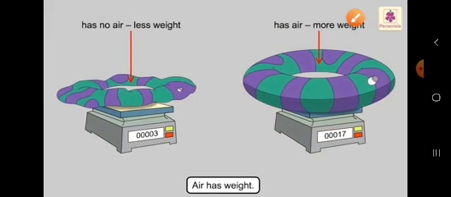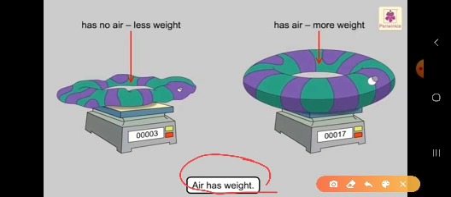Now, second one, children, air has weight. Here we have two tire tubes. First one is flat and has less weight. As it has no air, it has less weight, and the weight showing here is 3.